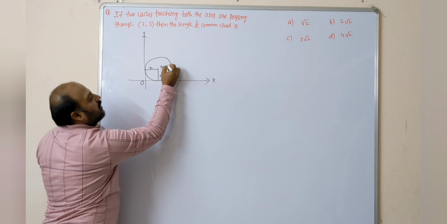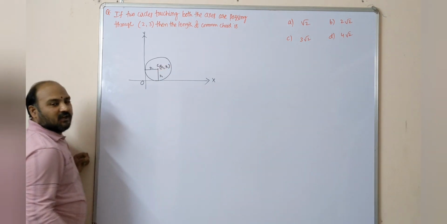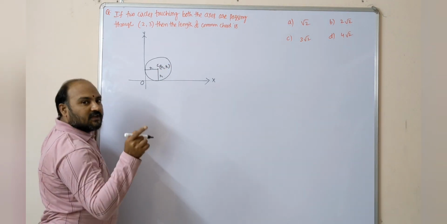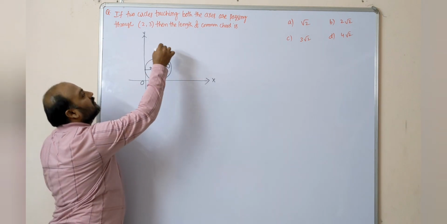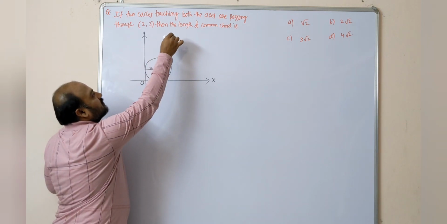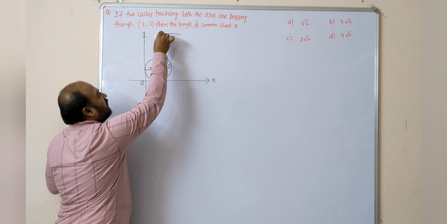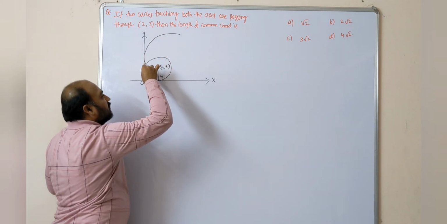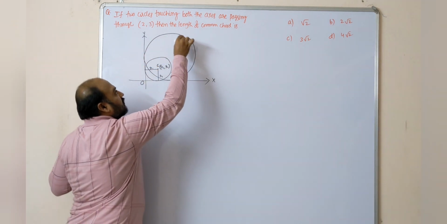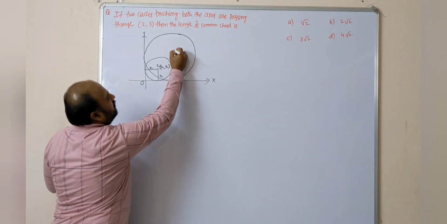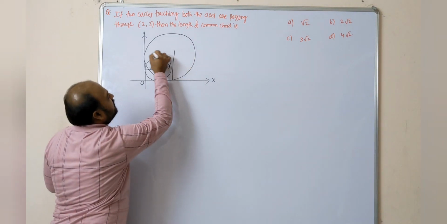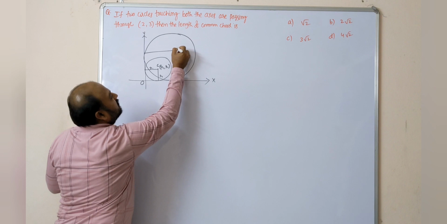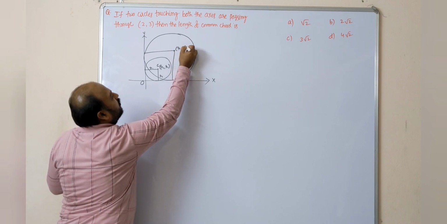So R1 comma R1 is the center of the first circle. Touching the second circle, I am taking this way. So this circle also touches both the coordinate axes, so R2 comma R2.